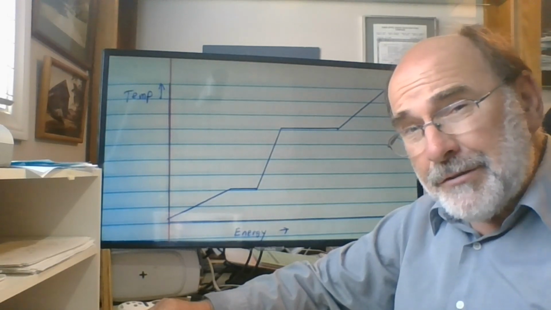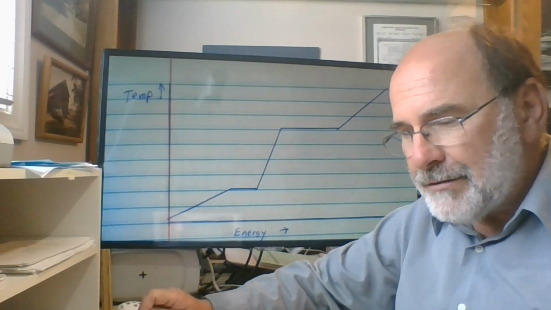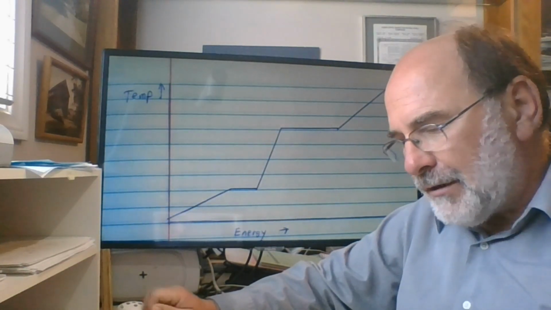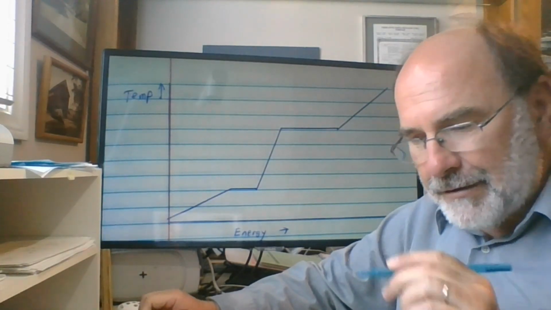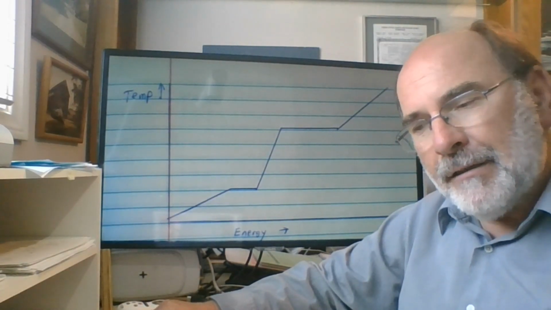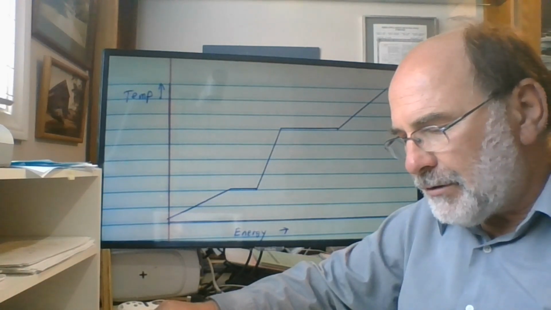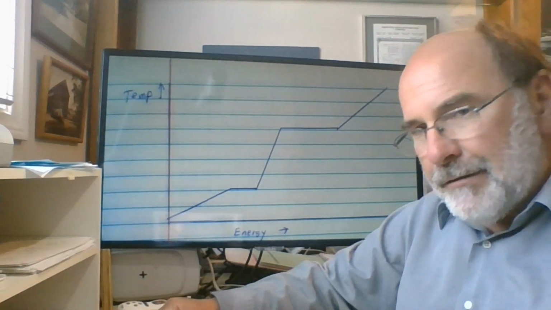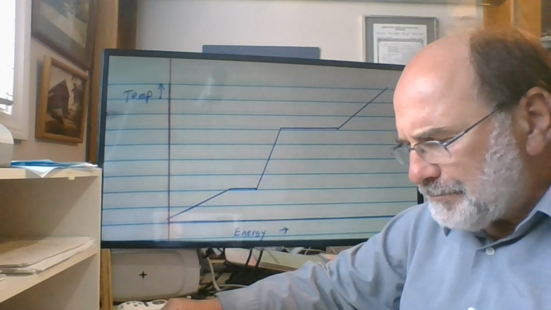Absolute zero on the Kelvin scale is defined as that temperature at which all motion stops completely. Kinetic energy average of a substance goes to zero. Even the electrons orbiting it are stopped in their orbits. So that's pretty cold. We can't get there, but we've gotten close to it in our laboratories.